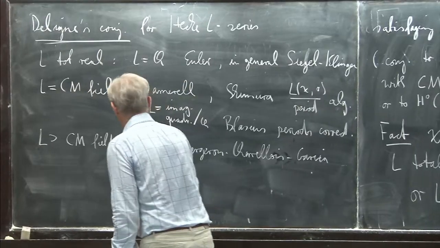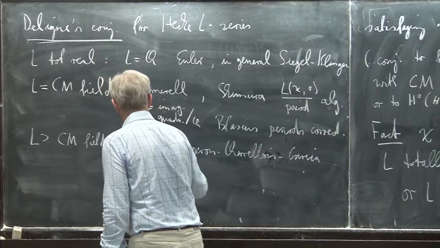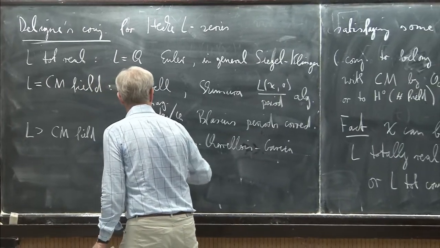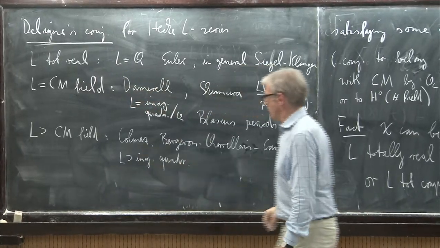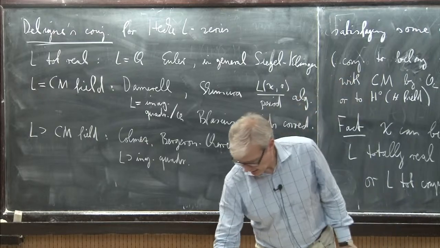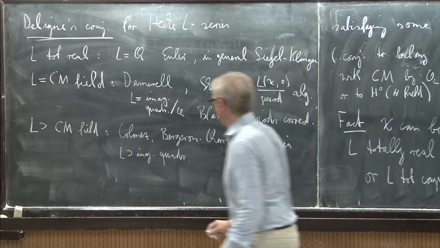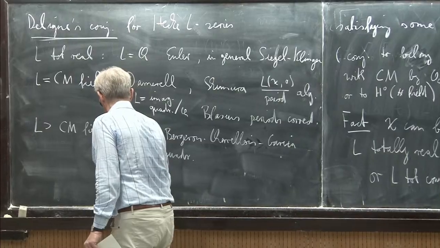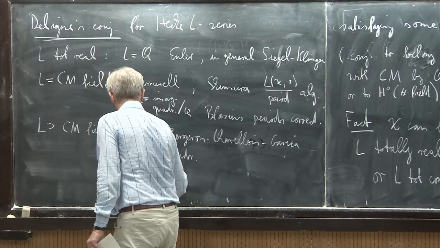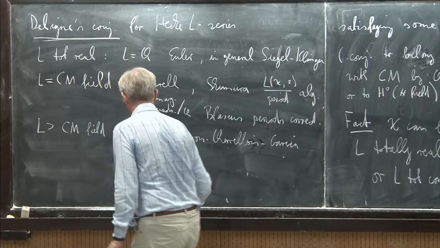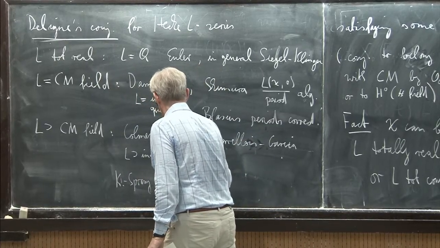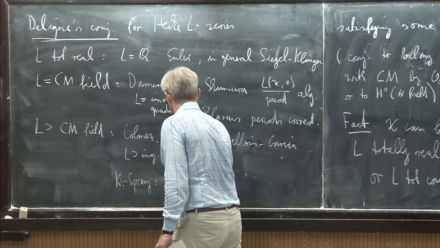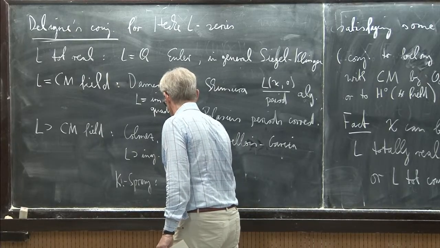They treat the case L contains an imaginary quadratic field, so they are a little bit more general. And the completely general case was then settled by myself with Johannes Sprang, a former student of mine. And we proved again that this divided by periods is algebraic.